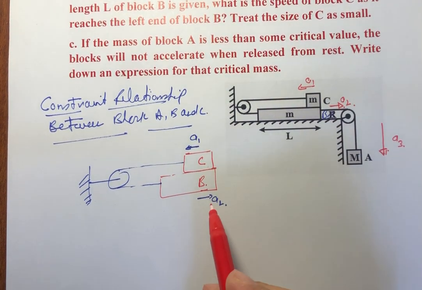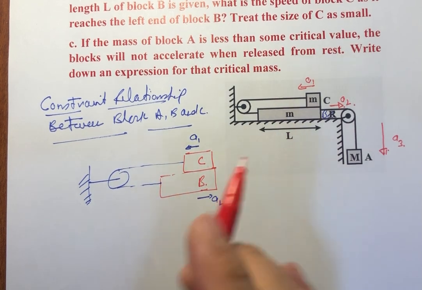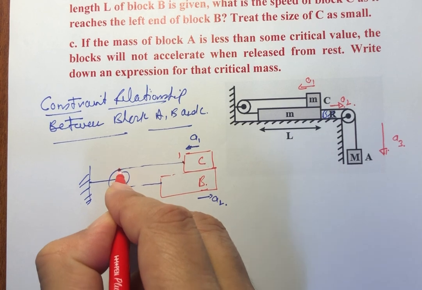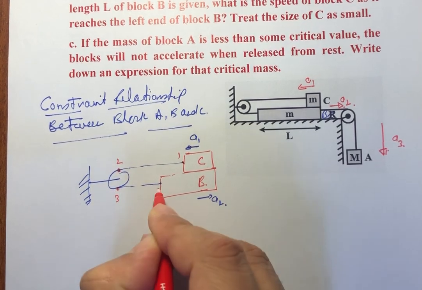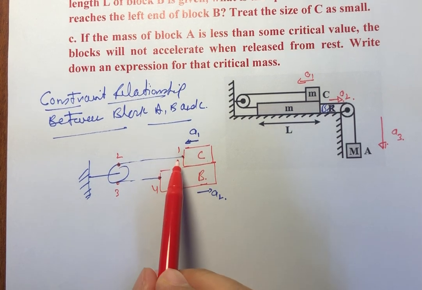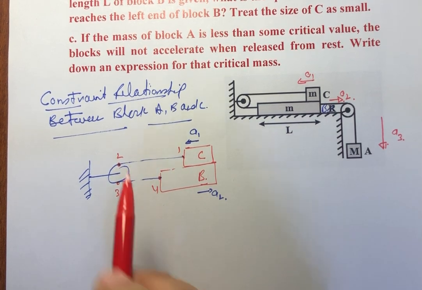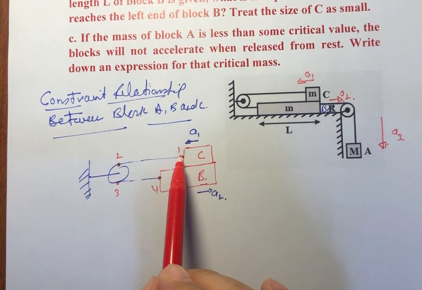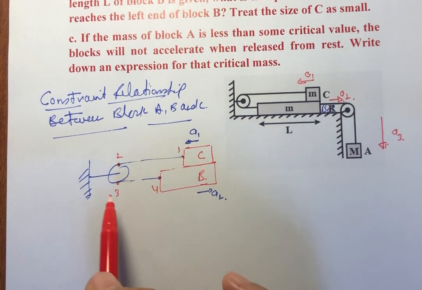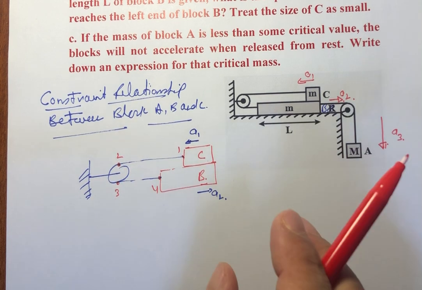From the figure we can see that B is moving toward right, so let us call these points 1, 2, 3 as well as 4. The length of the string between 3 and 4 is increasing, whereas the length of the string between 1 and 2 is decreasing, as C is moving towards left and B is moving towards right.